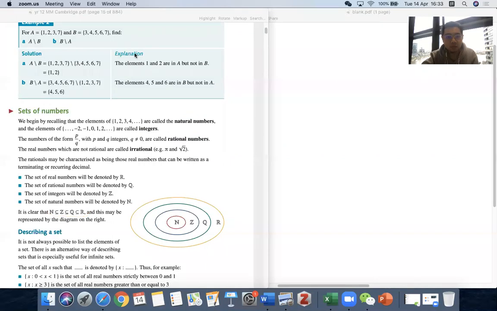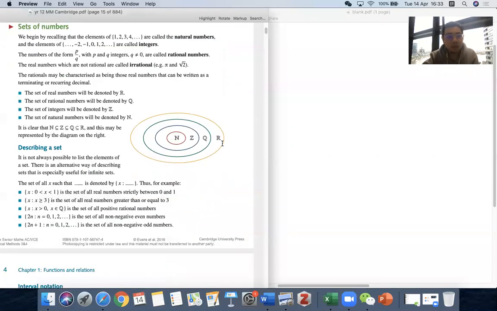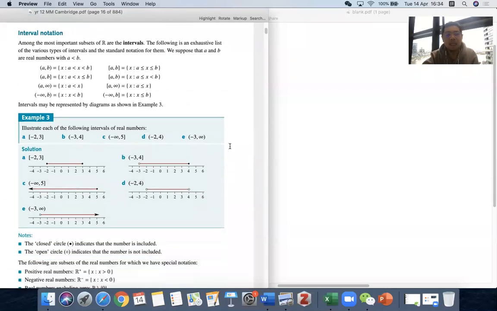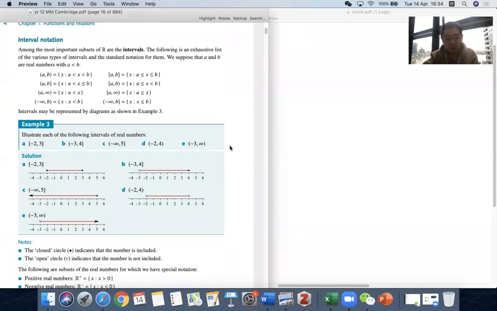And let's move on to another page, which is over here, the interval notation, okay? This is pretty important because in 2016, the final exam report, the examiner's report says that a lot of students cannot really distinguish the difference between square brackets and small brackets.